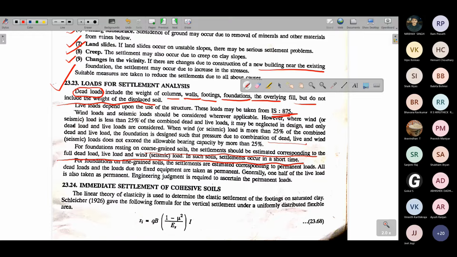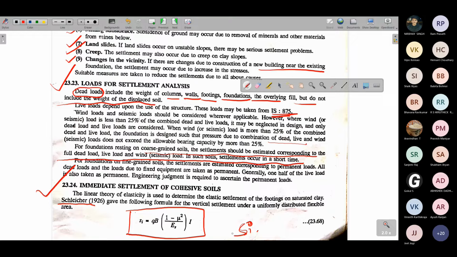Now, how do we generally find the immediate settlement of a cohesive soil? So this person, Schleicher, how do you pronounce it? Schleicher, in 1926, gave this formula for immediate settlement. SI means immediate settlement, which we have seen.